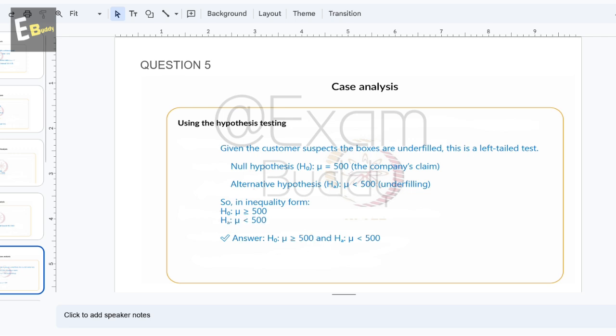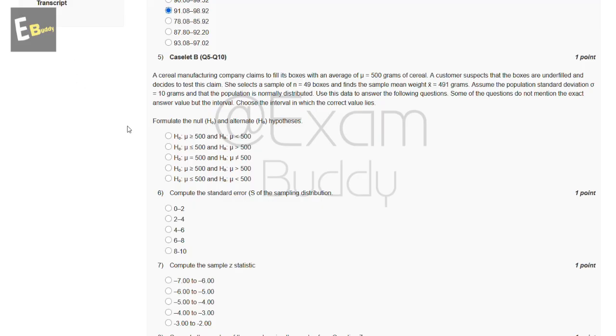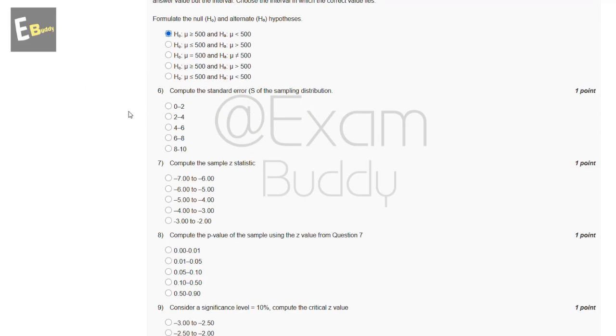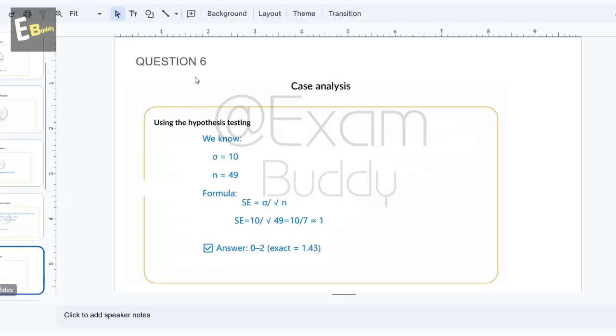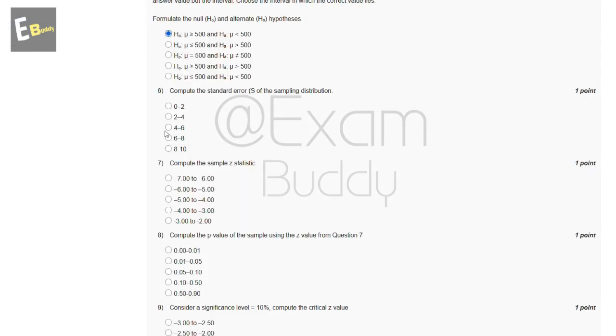So the answer of our fifth question is A. Now the sixth question is: compute the standard error of the sampling distribution. These are the ranges. We know the standard deviation is 10 and n equals 49. Using the formula, the answer is approximately 1.43. The answer lies between 0 and 2, so the answer of our sixth question is A, 0 to 2.